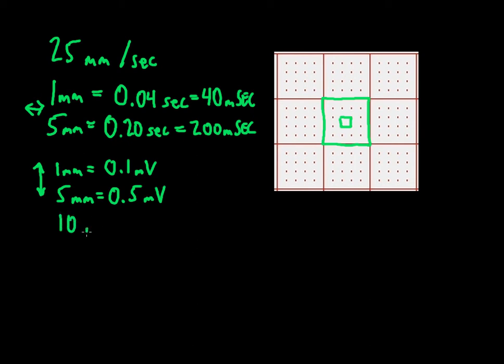And quite logically, 10 millimeters is 1.0 millivolt.